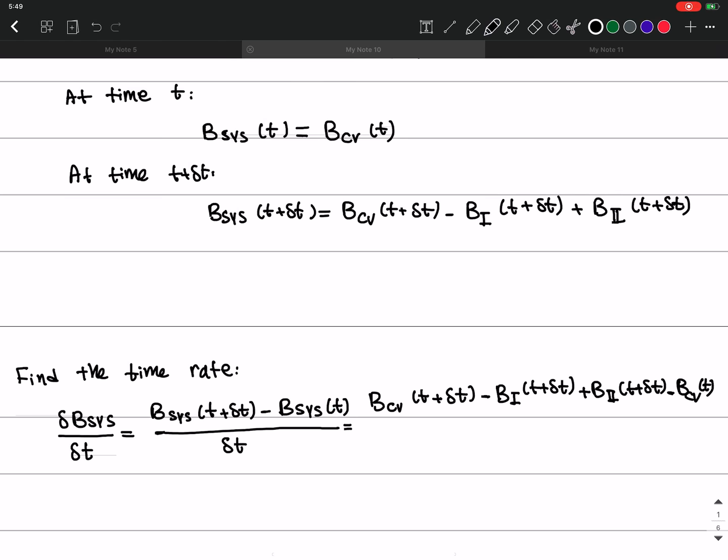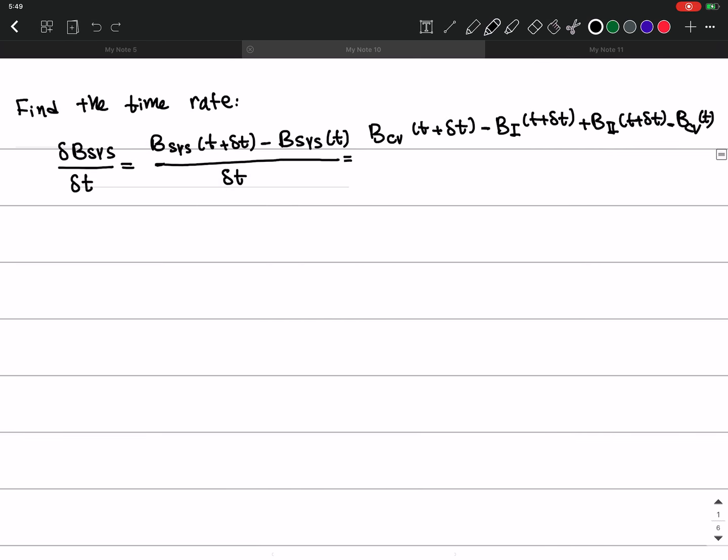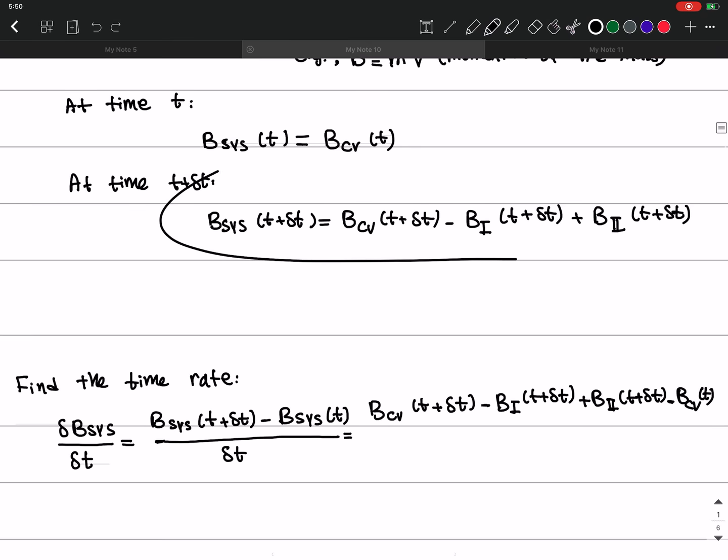I just substitute everything from the equation here, from the definitions that we had before, all over delta t, okay?